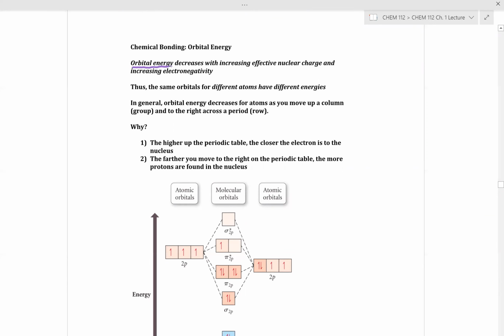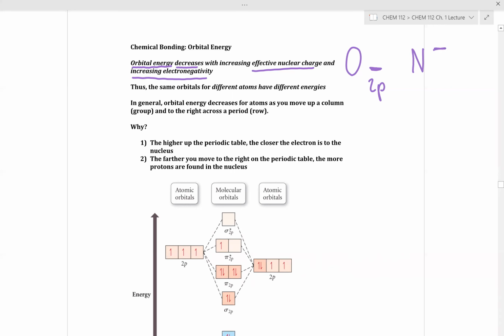And as we found in 101, orbital energy decreases with increasing electronegativity and increasing effective nuclear charge. So for example, if I was looking at an oxygen 2p orbital and I was comparing it to a nitrogen 2p orbital, which of those two orbitals would be higher in energy? Oxygen or nitrogen? Nitrogen would be higher in energy.